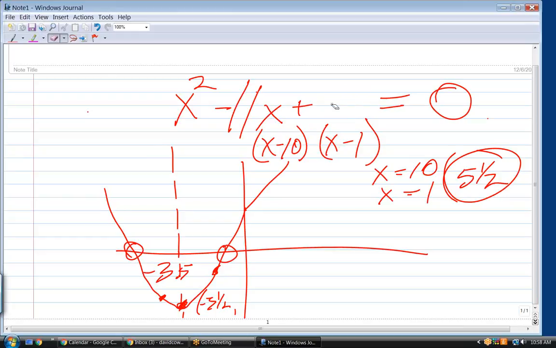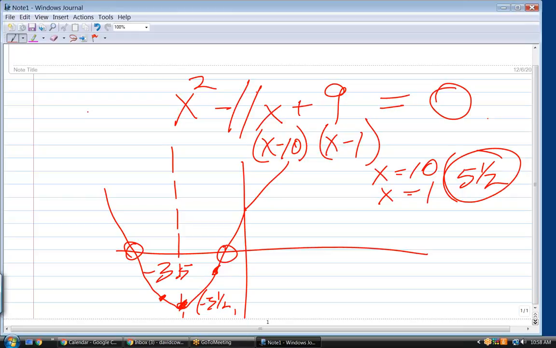Right, true. If I make that a 9 instead of a 10, now I can't factor it, and I have to use the quadratic formula. And when I use the quadratic formula, I end up with irrational answers, and then it's not always that easy to find out halfway in between.